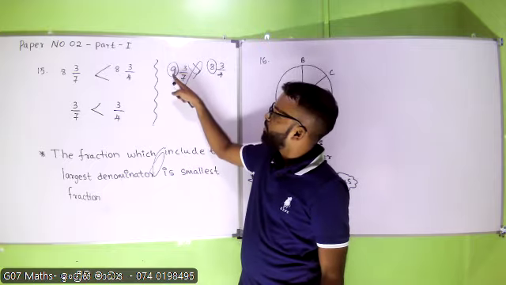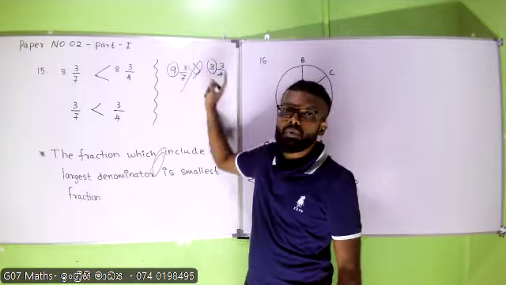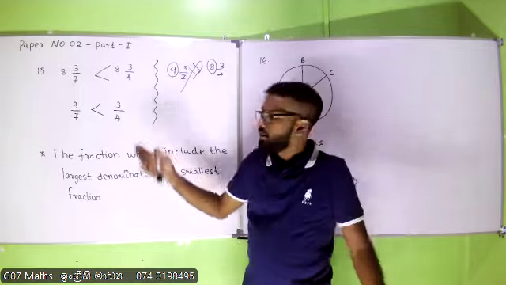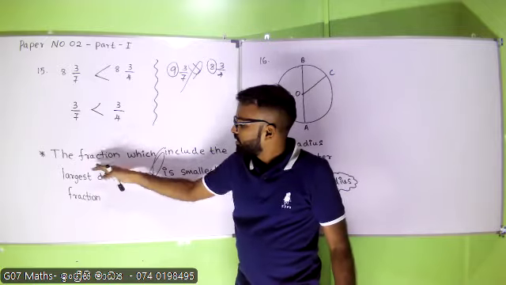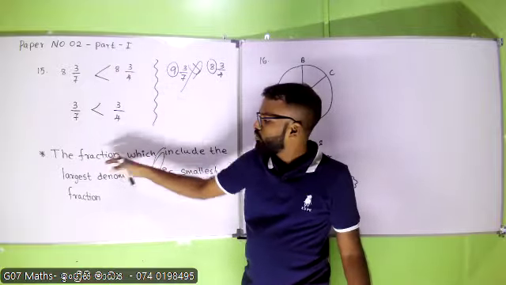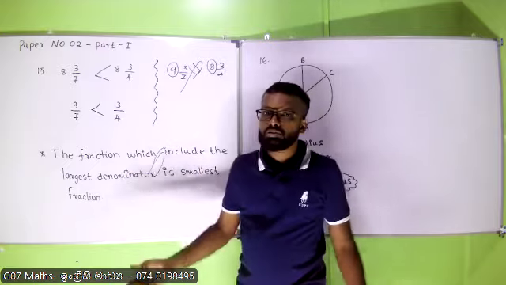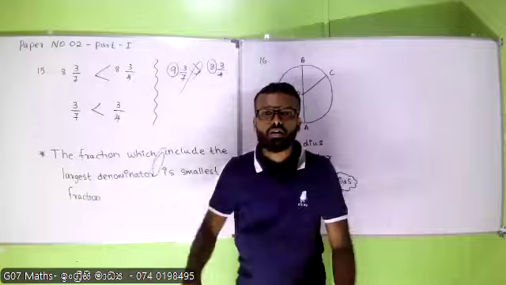So that I need to compare only the whole number part of these two fractions. Done. Without any mixed numbers, if you have been given two fractions, you know how to compare, right? The fraction which has the largest denominator is the smallest fraction. Done.